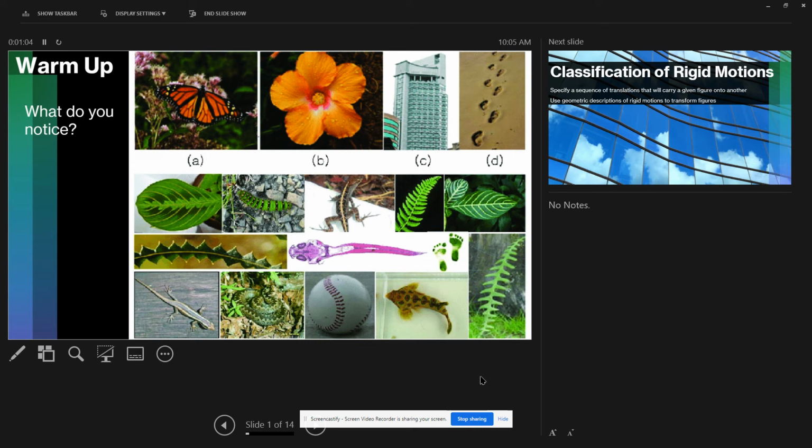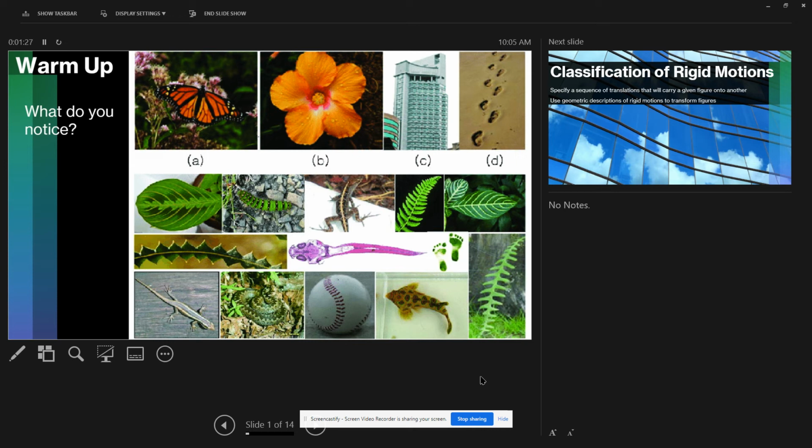So if you're looking around, you should be seeing that there's a lot of different things in real life that you see here. For instance, the baseball has the same kind of stitching pattern on both sides. That's one thing you can kind of see.